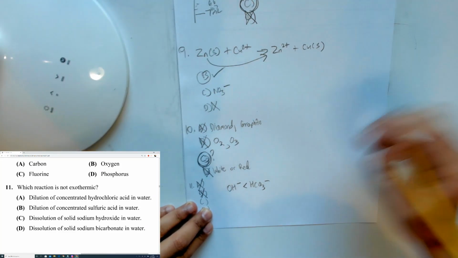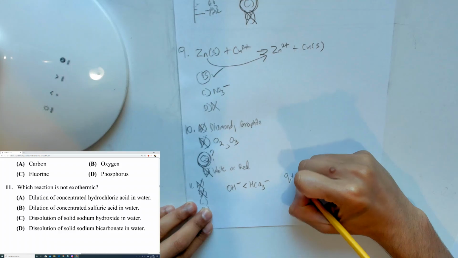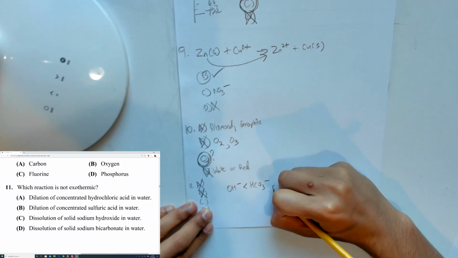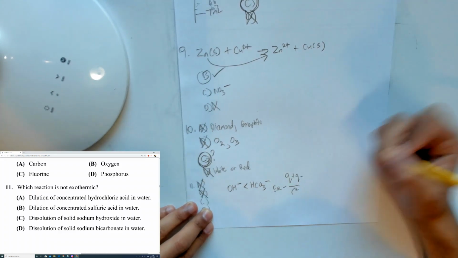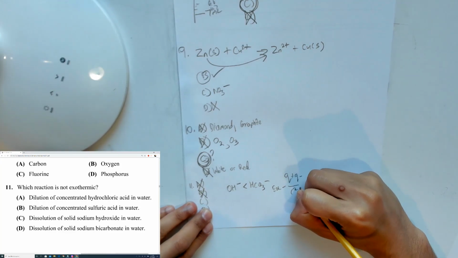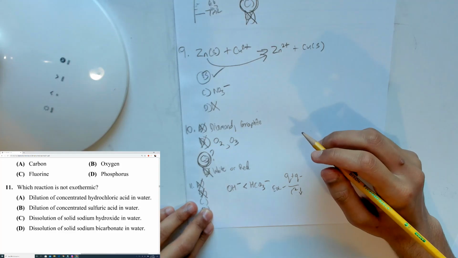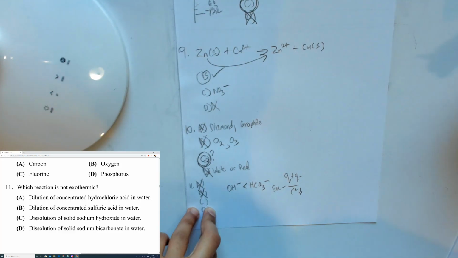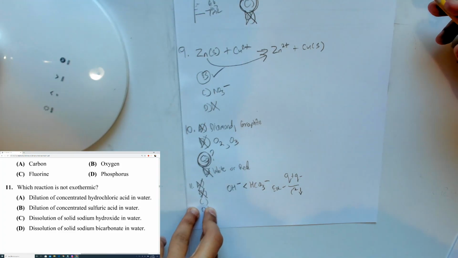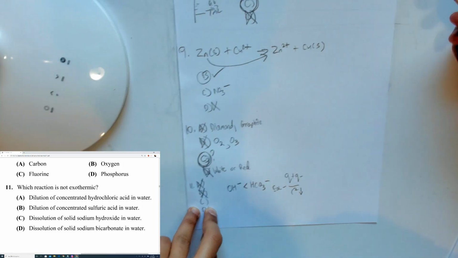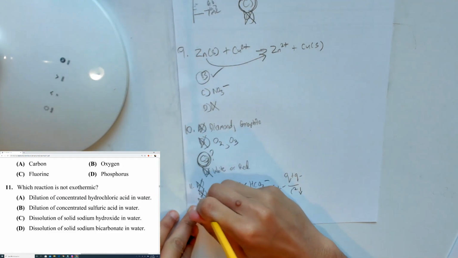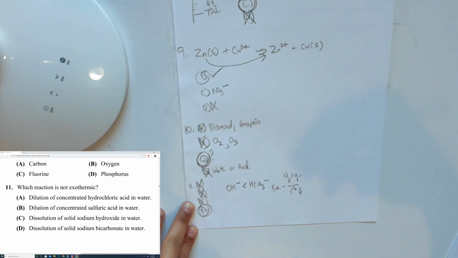Let's take a look at Coulomb's law. Energy is proportional to Q plus, Q minus over the distance. Since the distance decreases, it will release a lot of energy due to strong interaction, thus making the dissolution of sodium hydroxide in water exothermic. And thus the answer is D.